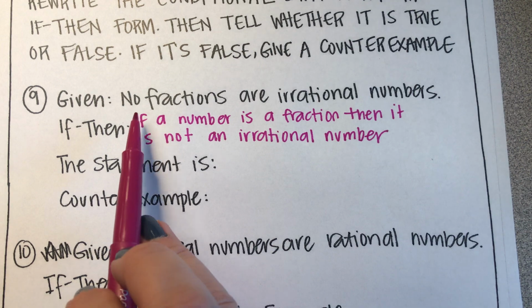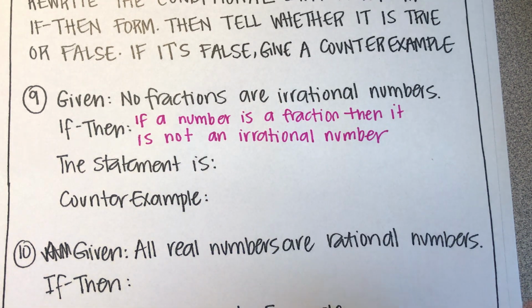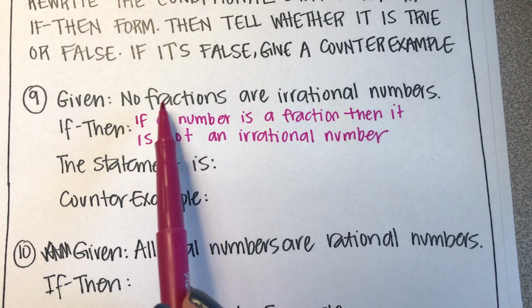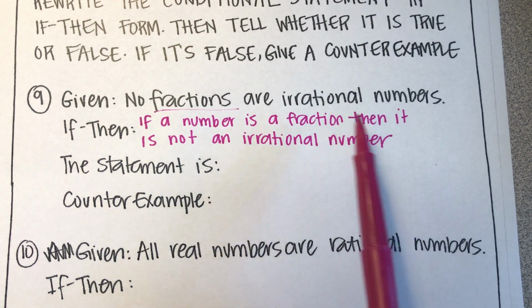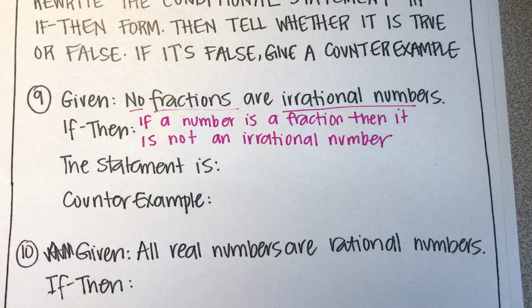So I took my statement that no fractions are irrational numbers, and I turned it into if-then. If it's a fraction, then it is not irrational, because it says no fractions.